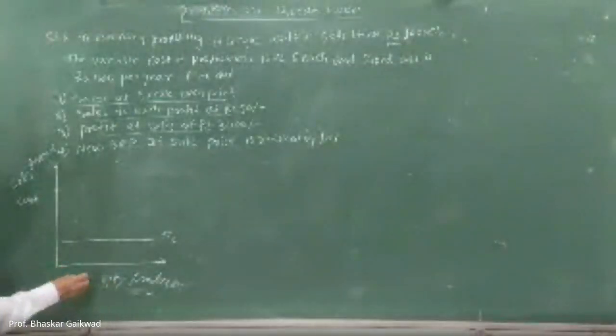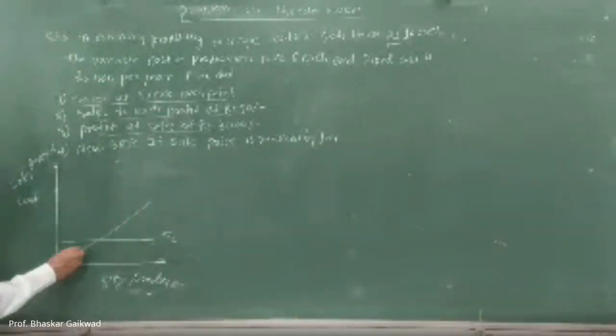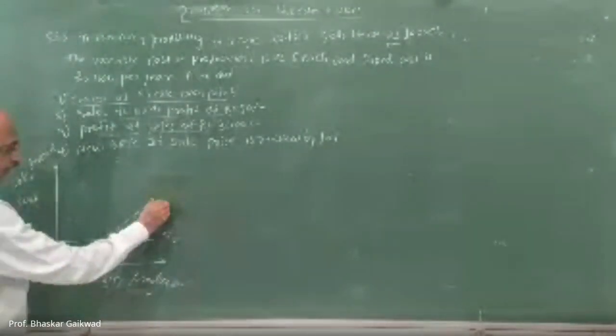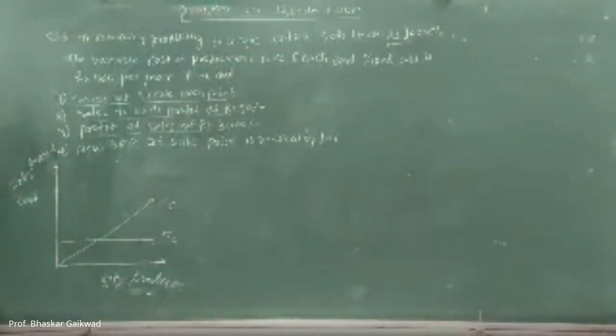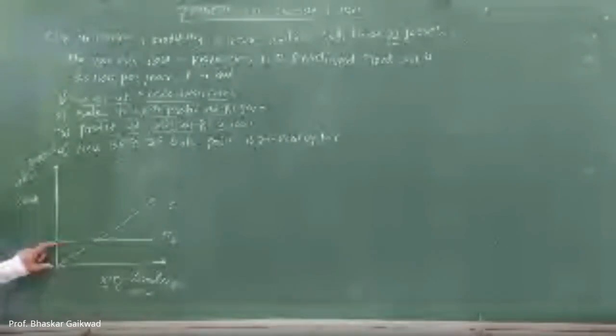So if quantity increases, variable cost will increase. Total cost will be the addition of fixed cost plus variable cost. So this is your total cost.